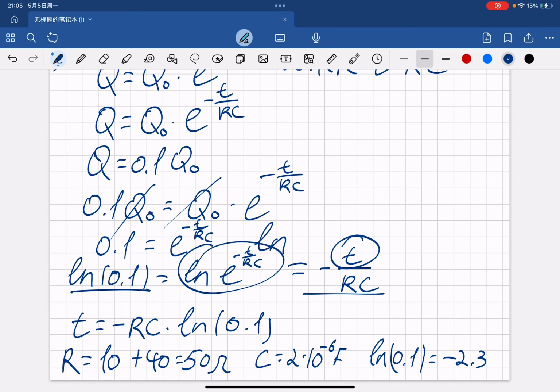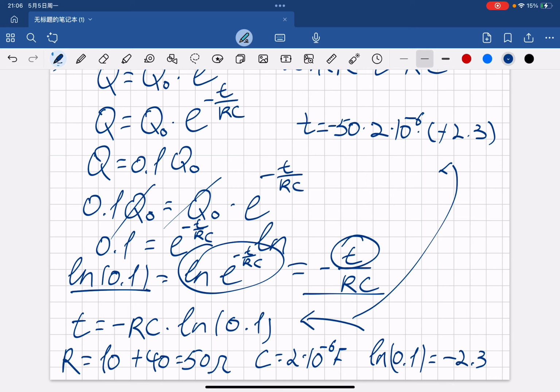Now just put those values into this equation. We can easily find t is equal to minus 50 times 2 times 10 to the power of minus 6 times minus 2.3. Minus and minus will cancel.